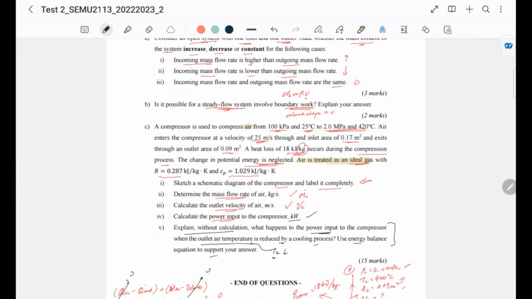Compared to your test one, I think this definitely involves much more calculation. So I think it's definitely a good idea that you try the example in the lecture note again, and practice.